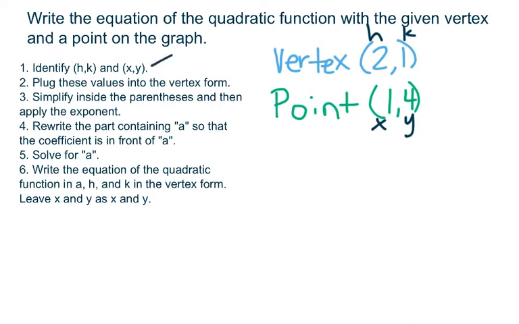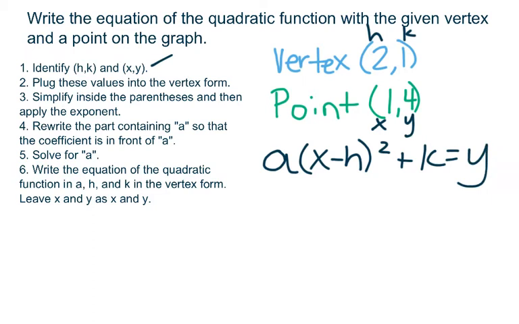So we've done number 1. We've identified h, k and x, y. Number 2, we're going to plug these into vertex form. So here's vertex form: a(x minus h) squared plus k equals y.